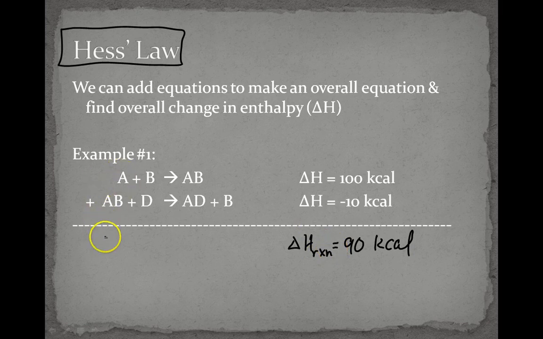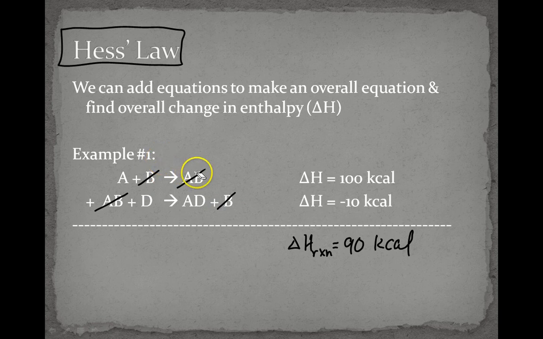And the overall reaction that occurs, you can actually add these up. And if anything is made in the first reaction and then used up in the second reaction, you can cancel it out. So see how there's an AB that's produced, but then in the next reaction it's used up? That would cancel out. Also, if something is there at the beginning and there at the end, it's not part of the overall reaction, so you can cancel that out as well.